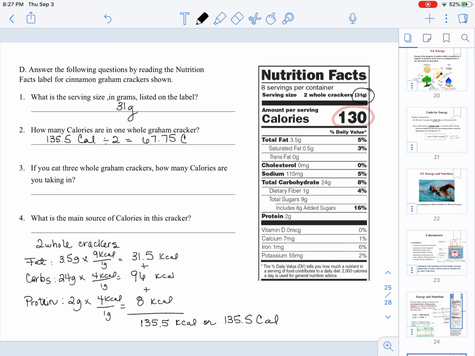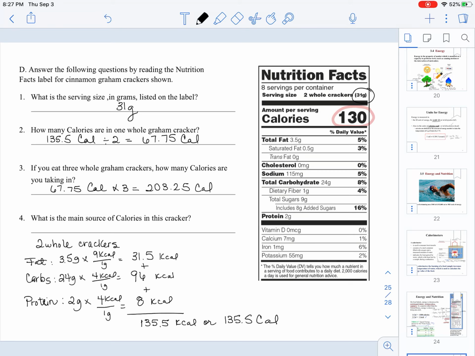And when we do that, we find that this is 67.75 nutritional calories. If you eat 3 graham crackers, then you're going to take that 67.75 calories and multiply it times 3. That means that we get 203.25 nutritional calories.